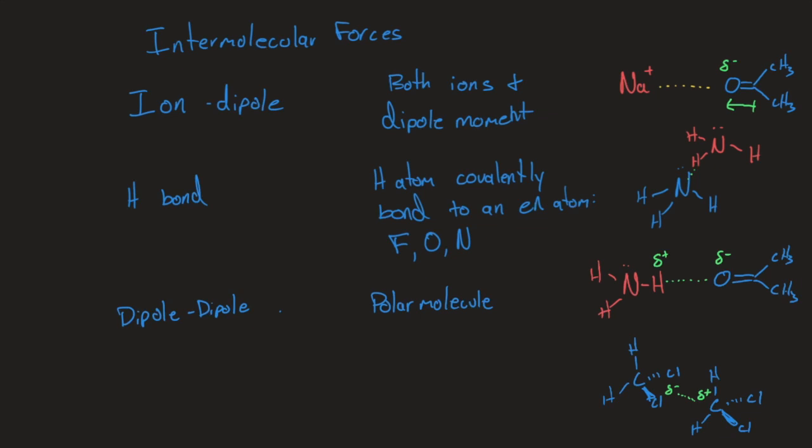And the last type is London dispersion, or just dispersion forces. And these are the weakest type of intermolecular force. They involve typically nonpolar molecules, although all molecules have dispersion forces.